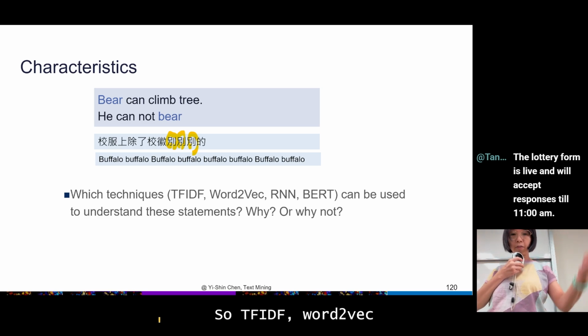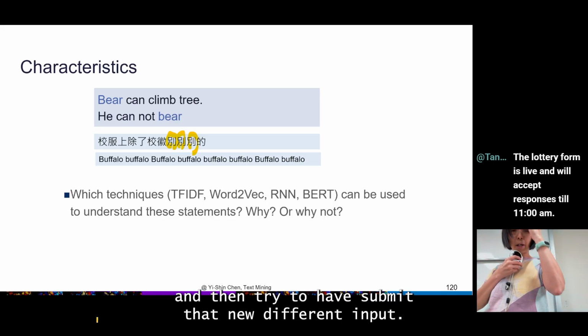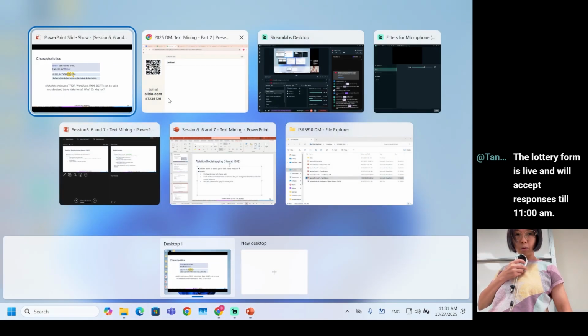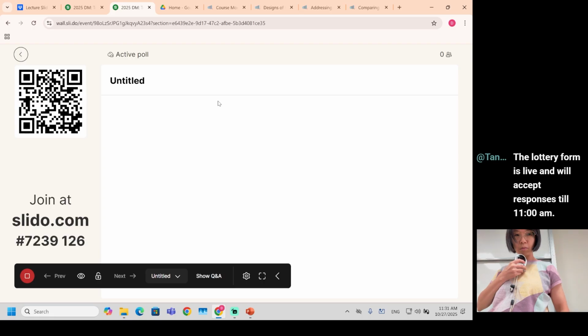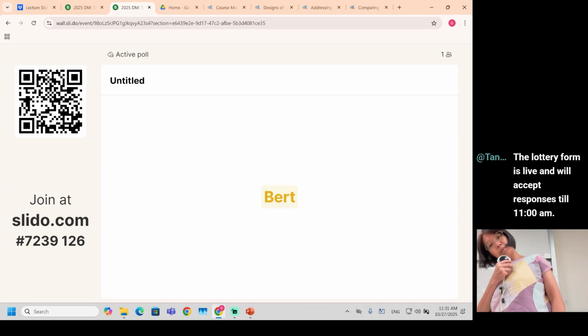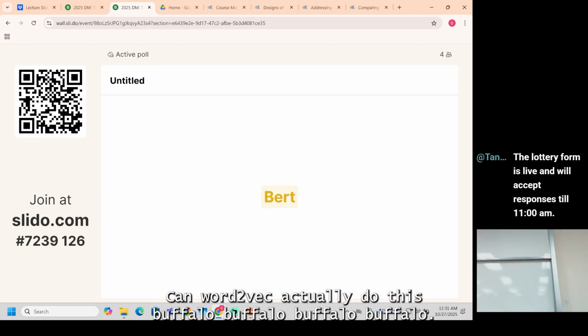So TF-IDF, word2vec, RNN, BERT. You will find they have different things they could do, and different inputs. Only one answer? If you believe there are multiple: can word2vec actually handle this buffalo buffalo buffalo sentence?